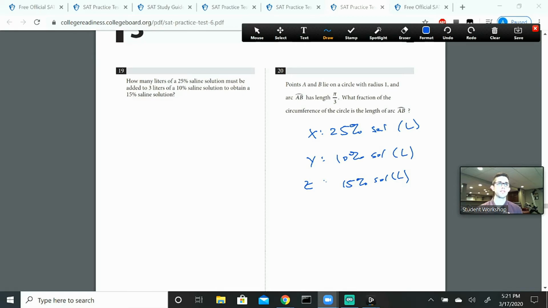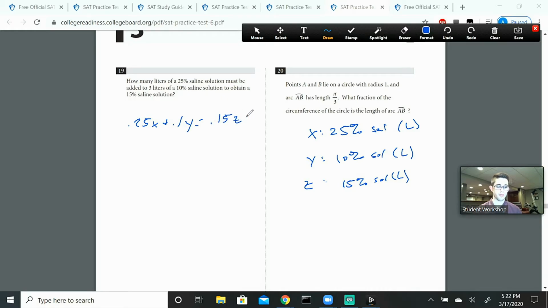It might seem evident that we'd set up one of the equations like this: 0.25 times x plus 0.1 times y equals 0.15 times z.